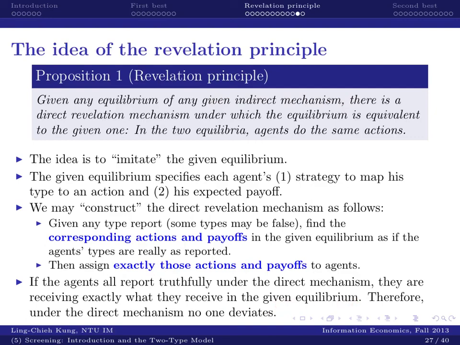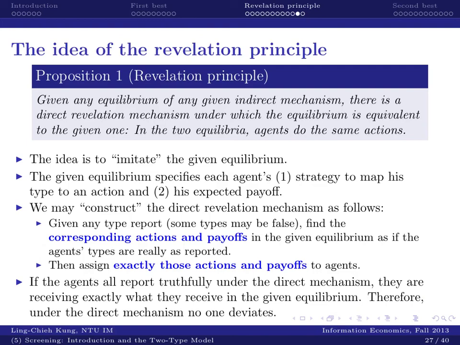So in this direct mechanism, no one will lie, because once he lies, he is going to be assigned different tasks and different payoffs. That's going to be a deviation in the original equilibrium, and that's not going to be good, right? Because originally no one wants to deviate. So that's the intuition for the revelation principle.